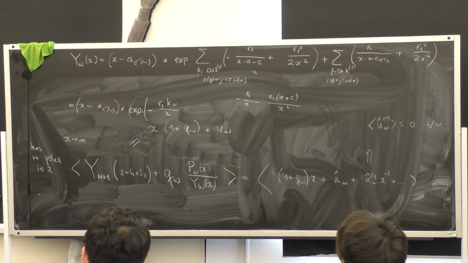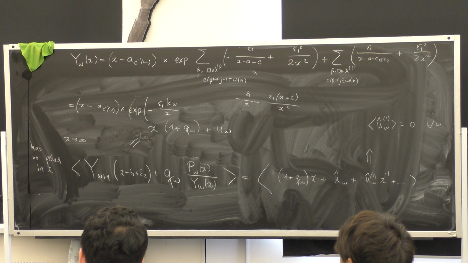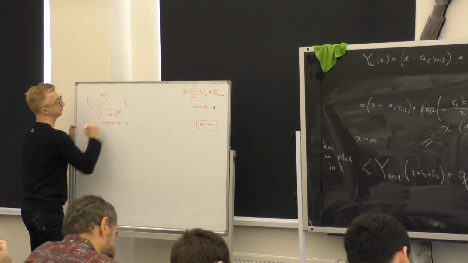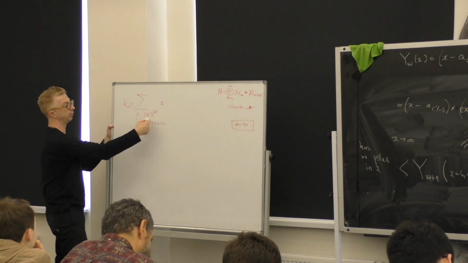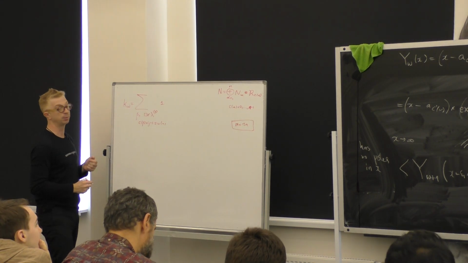K sub omega is the sum over all beta, all squares in the Young diagram lambda beta, such that c of beta plus j minus 1 is equal to omega mod n. It's just a number of such squares with the appropriate parity.